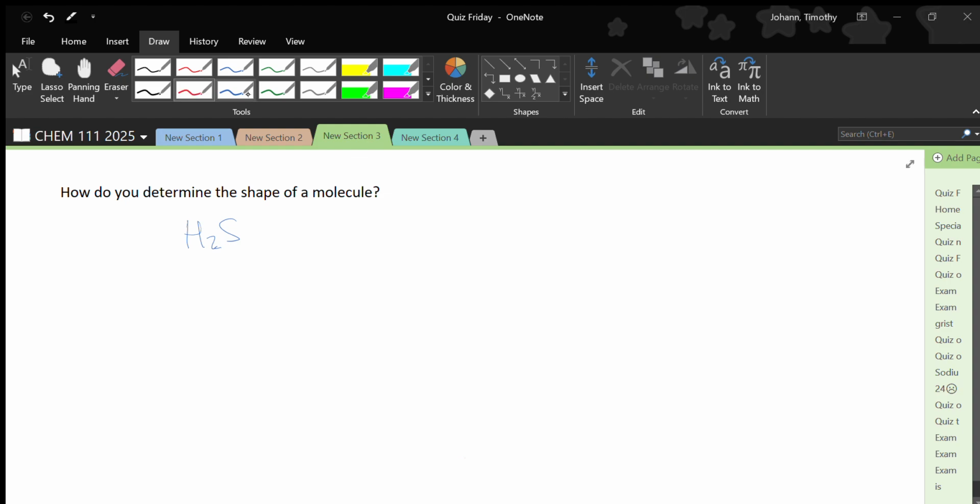So if we want to figure out the shape of that, first you need to do a Lewis dot structure. All right, and then you determine shape.